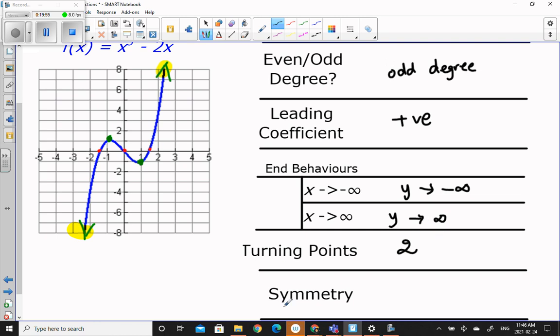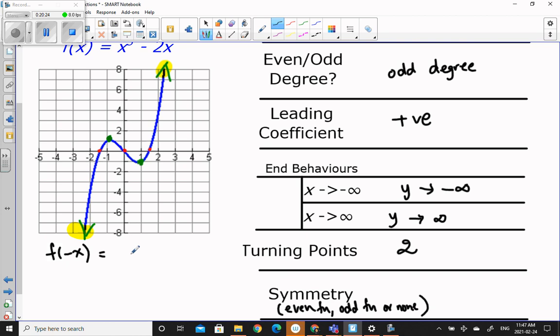The symmetry is asking you if it is an even function, an odd function, or neither. If you look at this function here, you have to find f of minus x. If f of minus x equals f of x, then it's an even function. If f of minus x equals minus f of x, it's an odd function. And if neither is satisfied, it's neither.